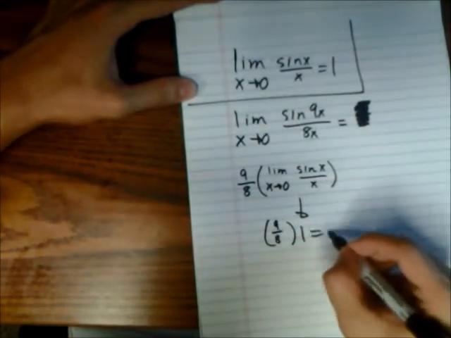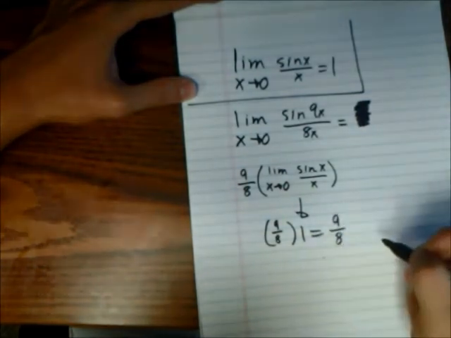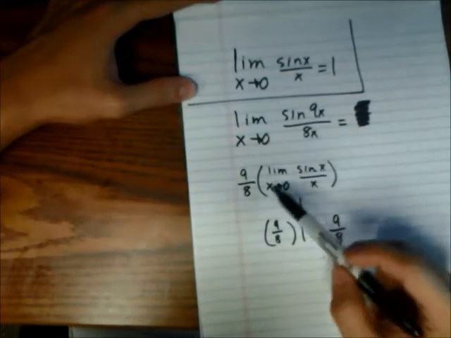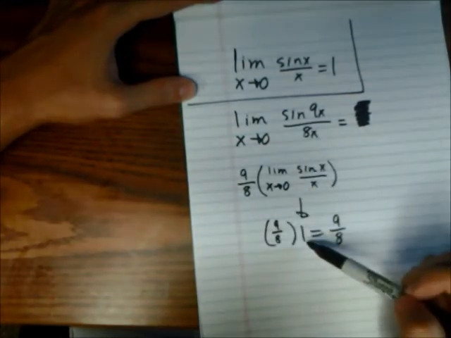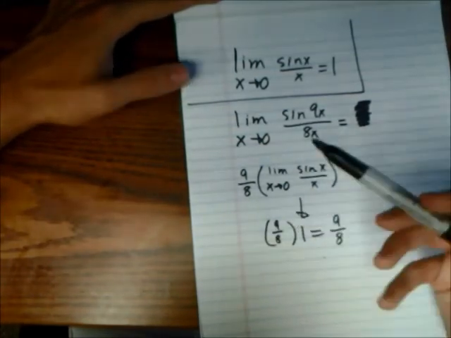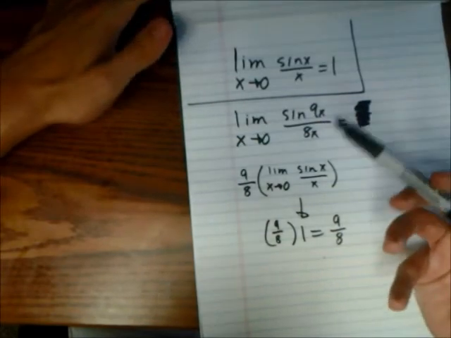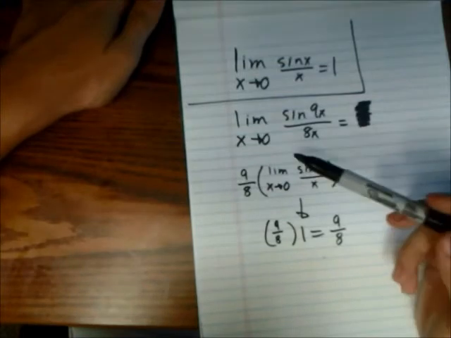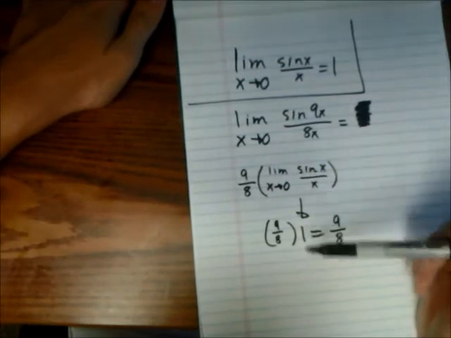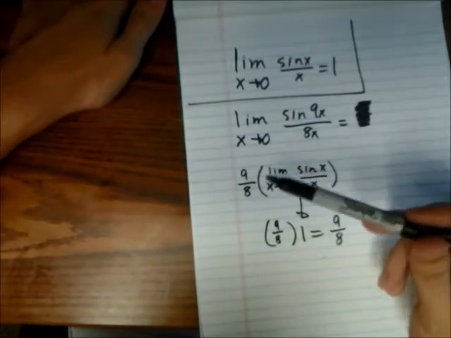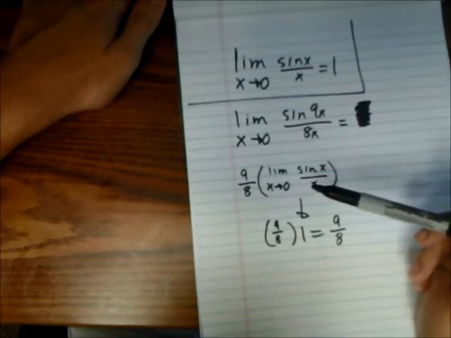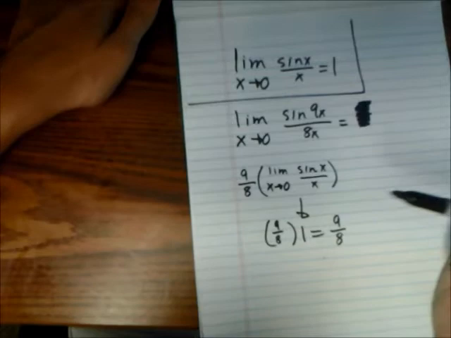So this just equals 9 over 8. So that's why it looked really simple. But if you wanted to understand why it works, that's what all of this was for: you wanted to prove why sine of x over x was 1, and then you can just pull out the coefficients of the x in the numerator and the x in the denominator.